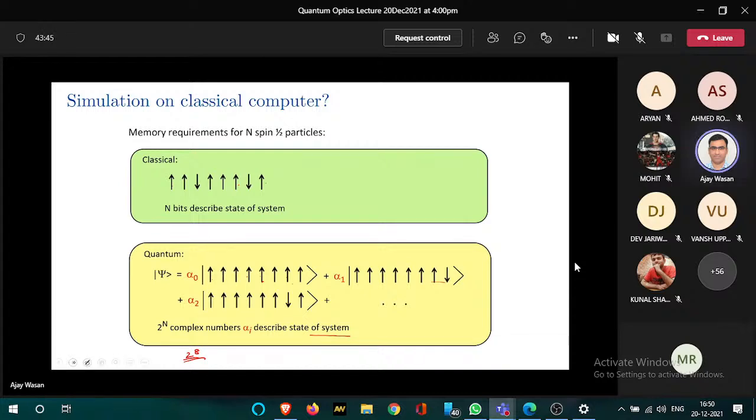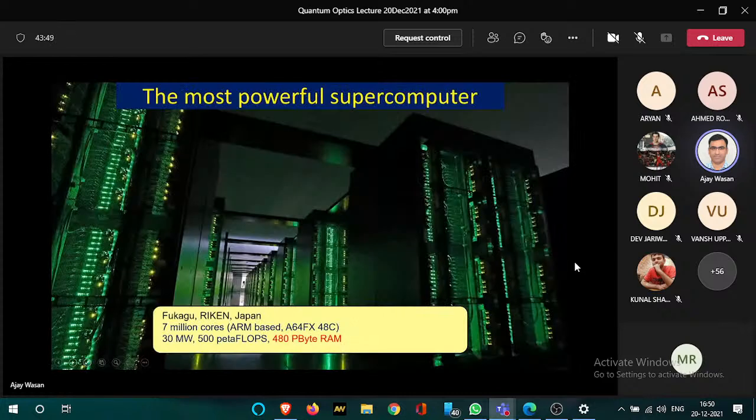So already work is going on all around the world. I'm just showing you the most powerful computer in the world, Fugaku in Japan. You can see some numbers are written: 30 MW, 500 petaflops, 480 petabytes RAM. You know what is a petabyte? How much, GB? 1 petabyte is 1 million gigabytes, 10 to the power 6.